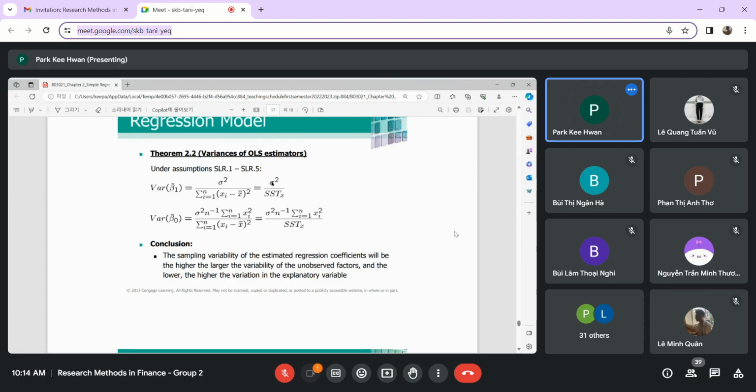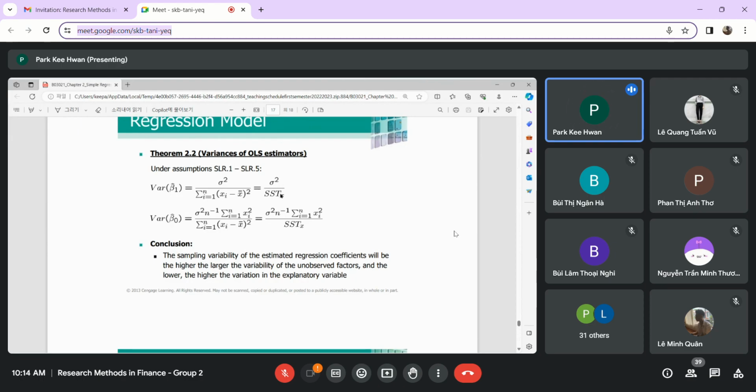The variance of beta 1 hat depends on this variance of the error in the population. So it measures the uncertainty in the error.